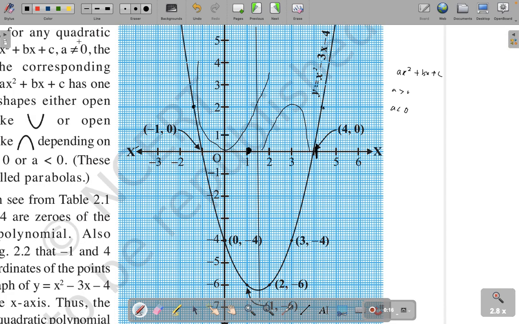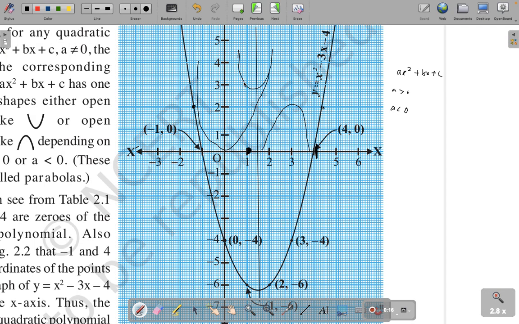So when it is in this form, we say that the roots are real, because you can represent the roots on the number line, and distinct. When it is just touching this point, you can say the roots are real and equal. However, when it is not touching, then you can say the roots are imaginary.